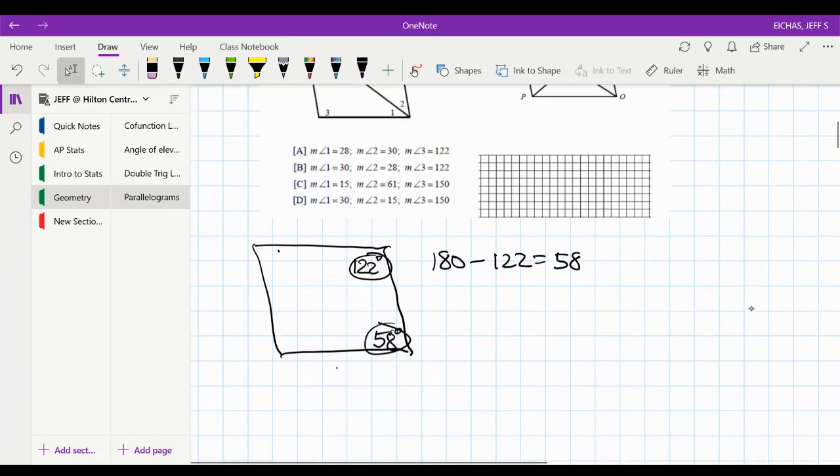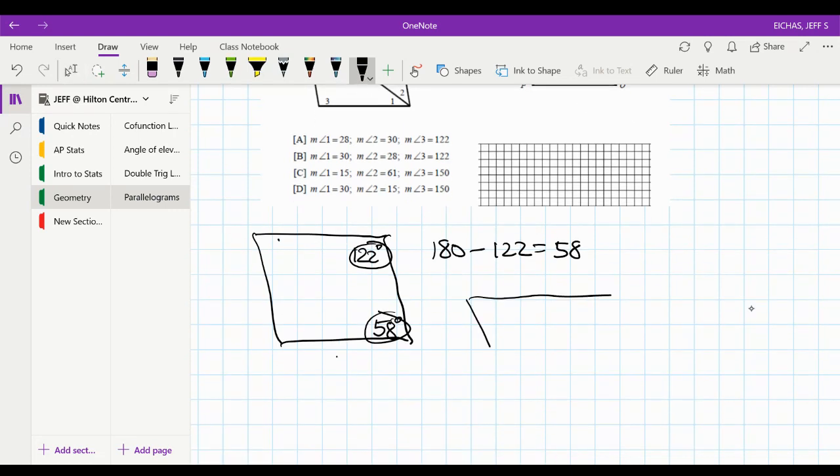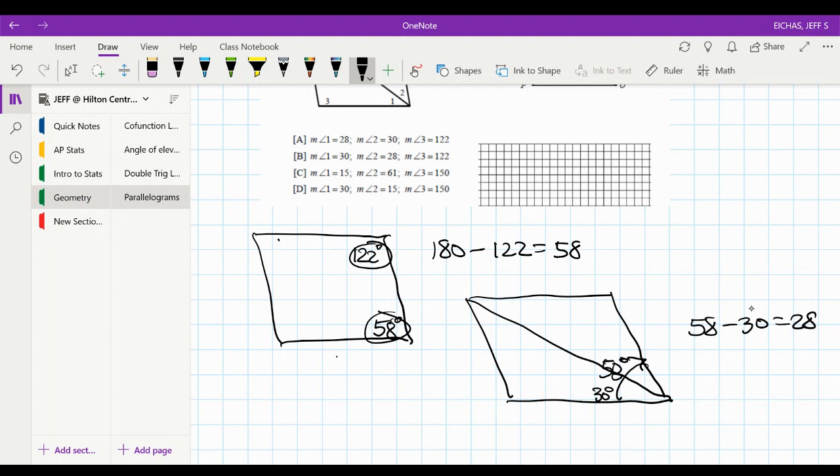And because of that, all right, if we know that this entire angle is 58, right, and this angle down here is 30, we'll just take 58, take away 30, and this one must be 28 degrees. So that's how you'll solve that problem.